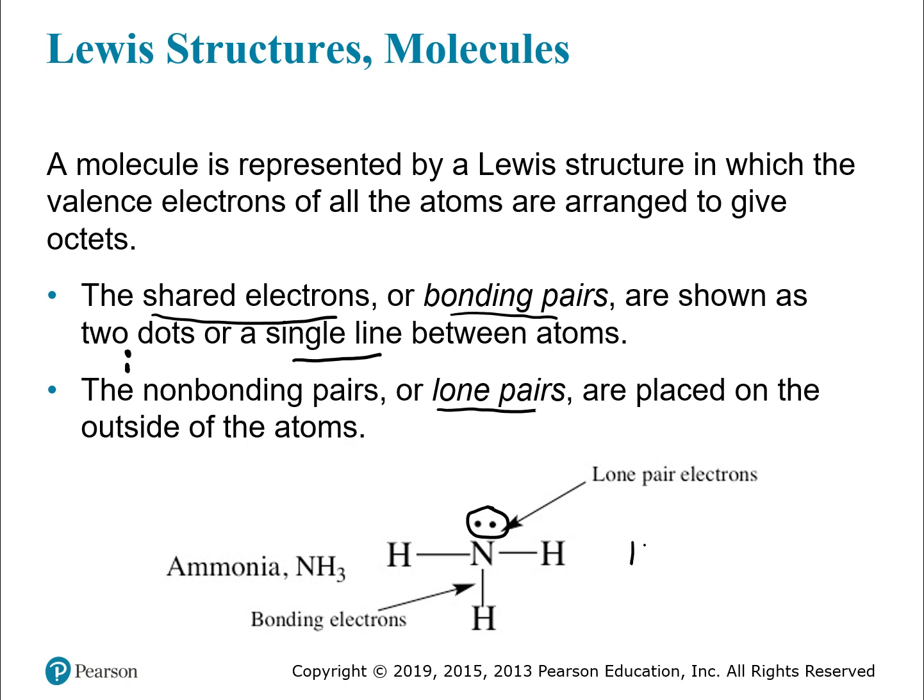The other way that you could show this would be with dots, but we typically replace these dots. I'll circle them. The ones that are circled in red, those are what we replace with single lines. So that's a Lewis structure.